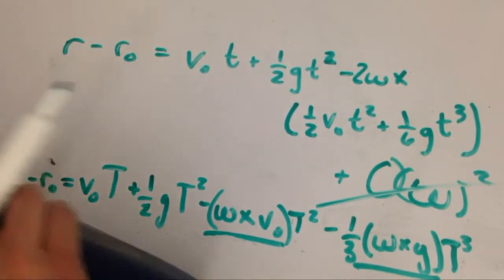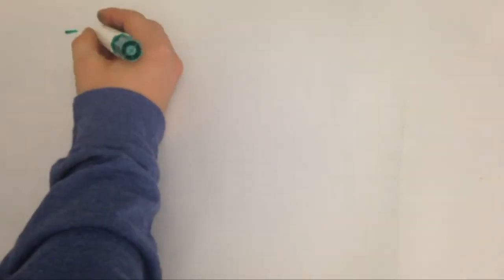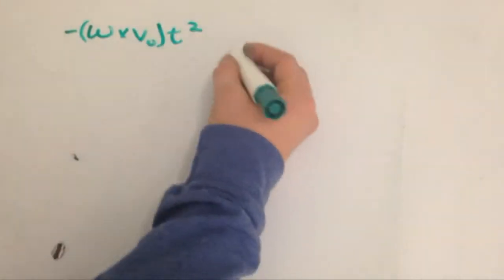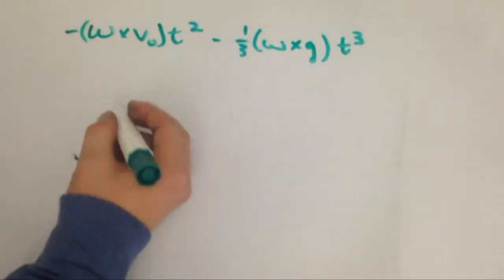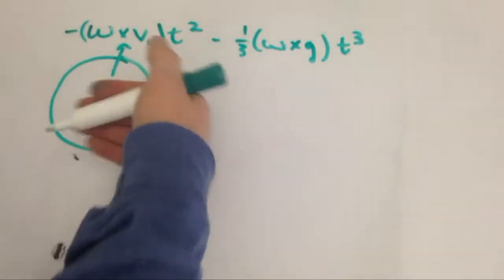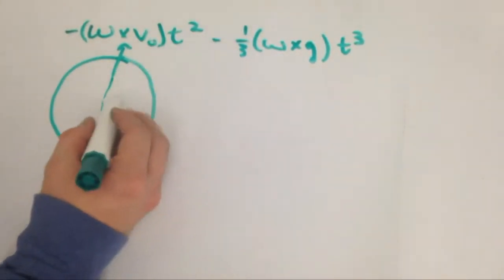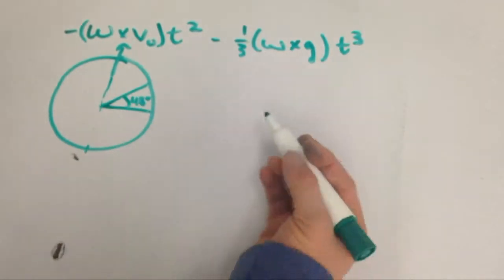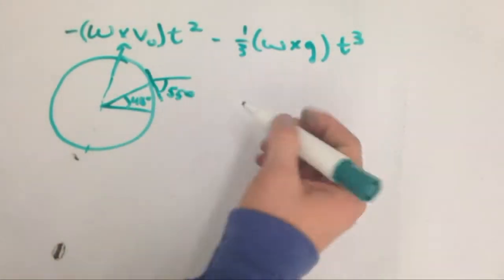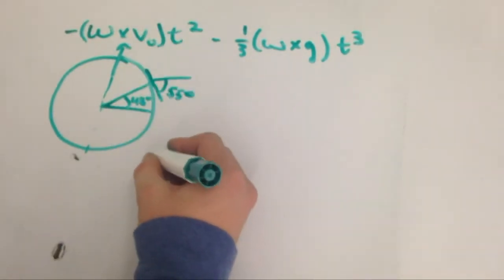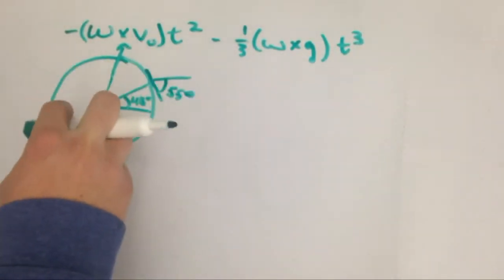Because we're only interested in the deflection, we'll just analyze the two cross terms: omega cross v naught t squared minus 1/3 omega cross g t to the third. From the diagram I've drawn, we can see that these equivalent deflections are negative omega v naught sine of 77 degrees times t squared minus 1/3 omega g cosine of 48 degrees times t to the third.